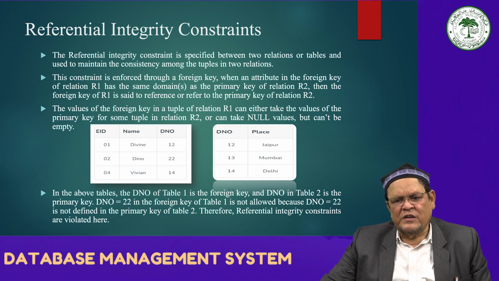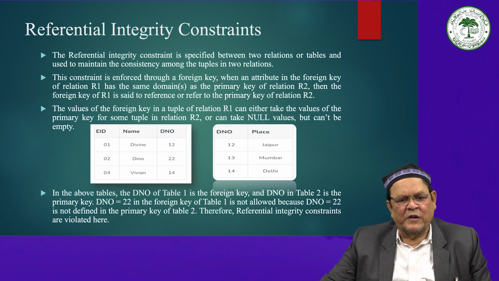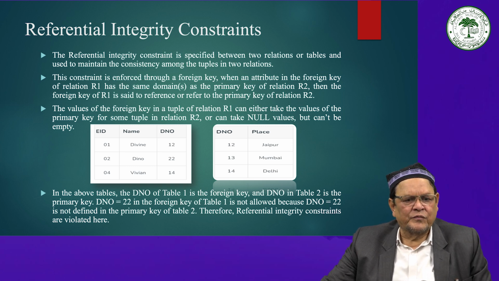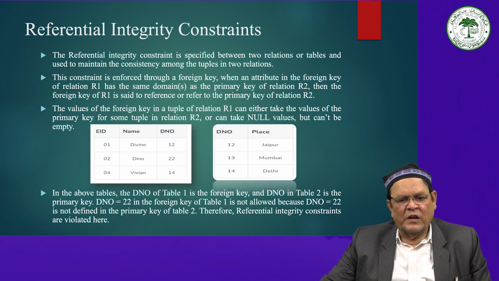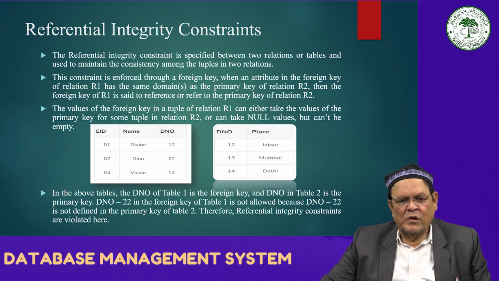When an attribute, the foreign key of relation R1, has the same domain as the primary key of relation R2, then the foreign key of R1 is set to reference or refer to the primary key of relation R2. The value of a foreign key in a tuple of relation R1 can either take the values of the primary key of some tuples in R2 or can take null values, but cannot be empty.